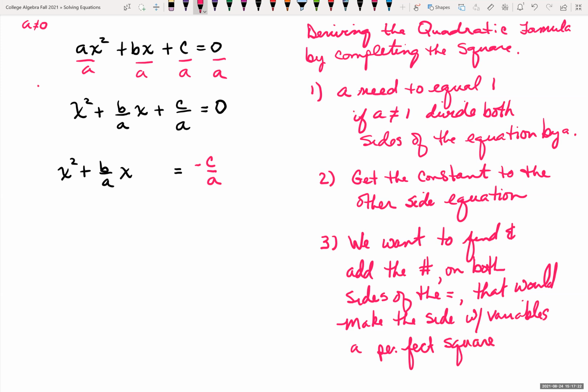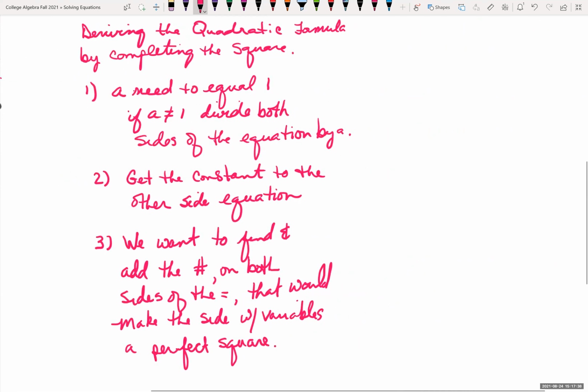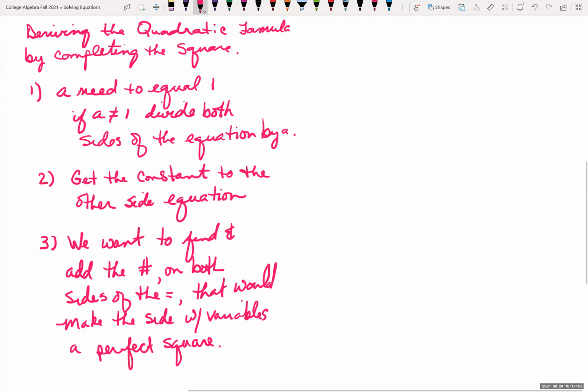So let's stop here for a second and think about what we need to add to make something a perfect square. And so let's actually look at a couple of examples before we do this with just variables and no numbers. So let me just pull in an example in here.